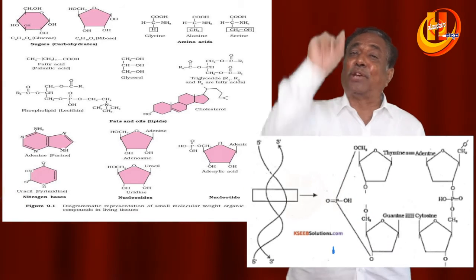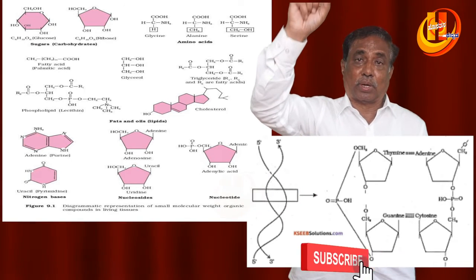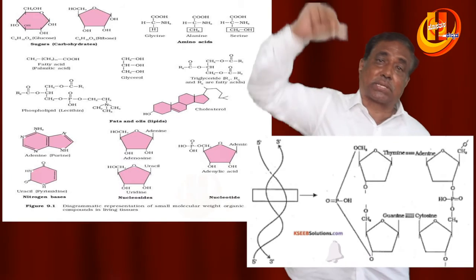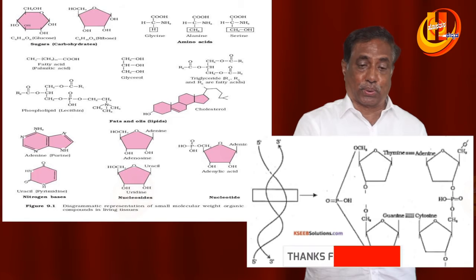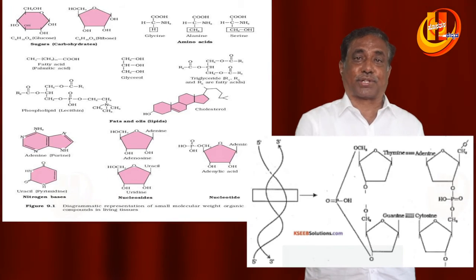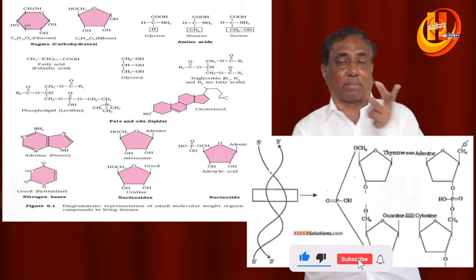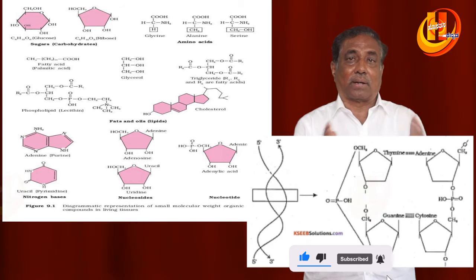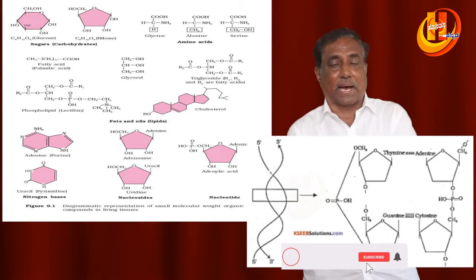Adenine is a 6-amino purine, and the 6th group is the amino group. 2-amino 6-oxy purine is guanine. Purines are larger than the pyrimidines. Adenine and guanine are the common purines for both DNA as well as RNA.